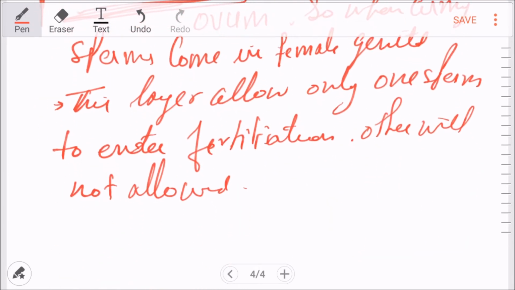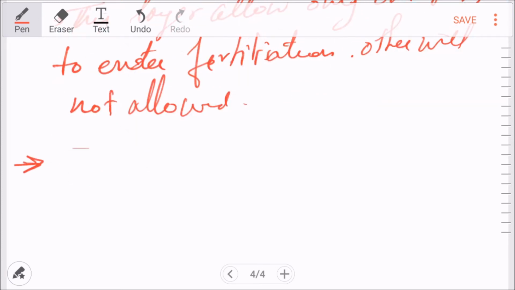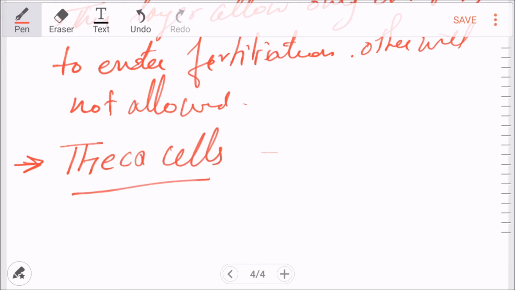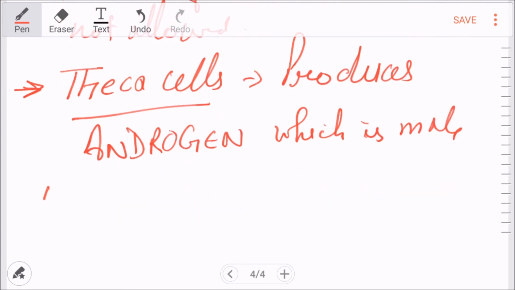And second layer, theca cells. Theca cells produces androgen, which is a male hormone.